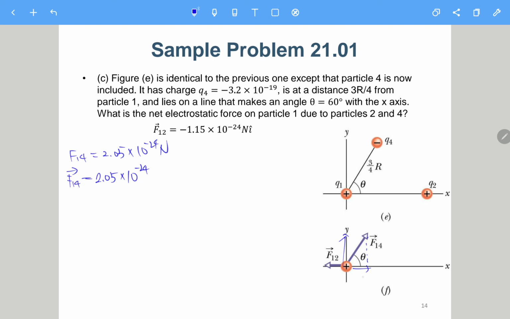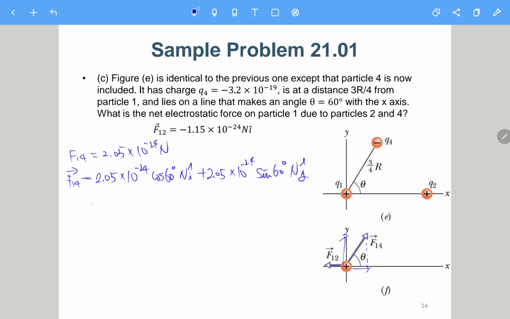So this one is cosine 60 degrees Newton I, plus 2.05 times 10 to the minus 24 times sine of 60 degrees Newton J, because this is the y-axis, so this is J hat here.